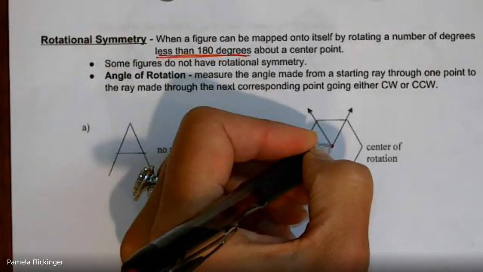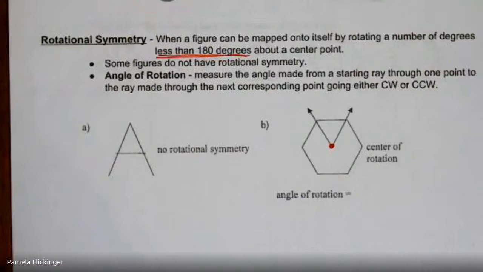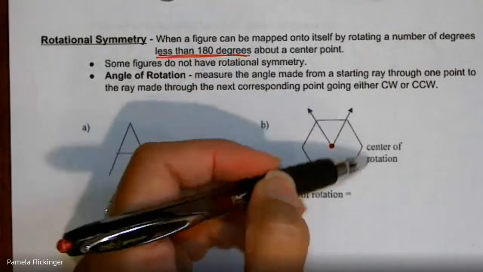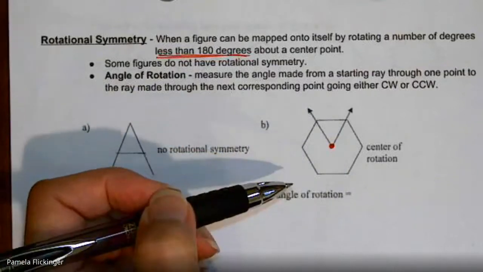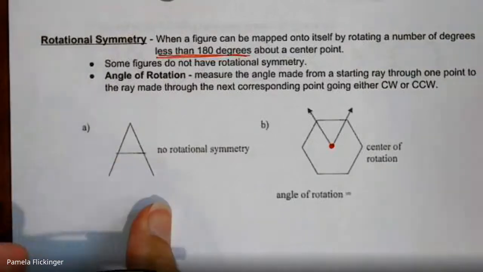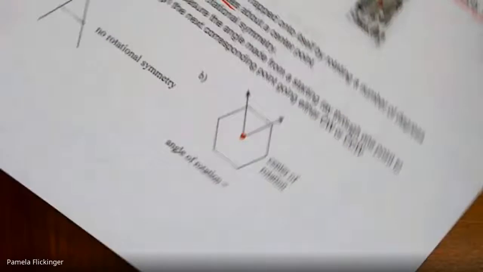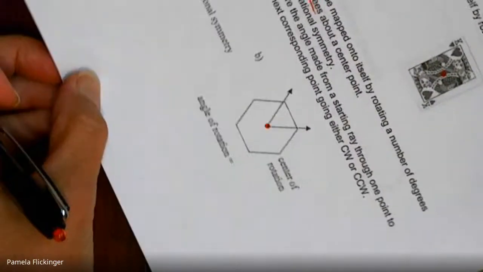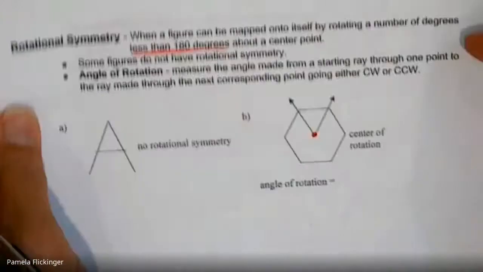Now again, here's your center of rotation, just kind of like when we just talked about point symmetry. All right, so we can rotate this picture around, and at certain places, it's going to look exactly the same. All right, now I can rotate the paper without hopefully not making you too dizzy, right? But if I turn it, look, there's my hexagon, same way it looked before. I can turn it a little bit more. There's my hexagon, the way that it looked before. All right, so we just need to find that one place.